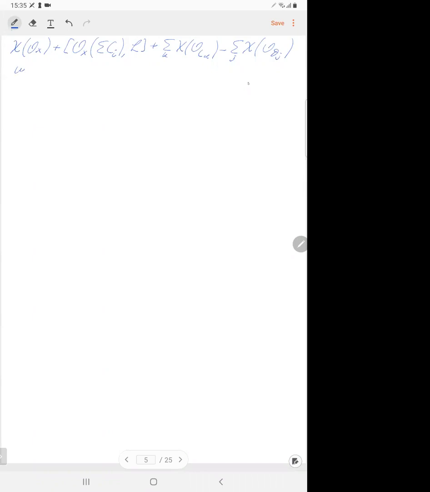So we want to prove that chi of L, and we know that chi of L is equal to this sum of 4 terms, that it is equal to chi of OX. That's good. That's the first term.